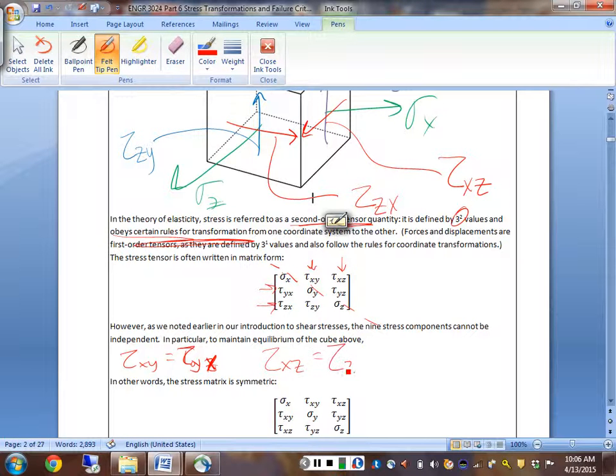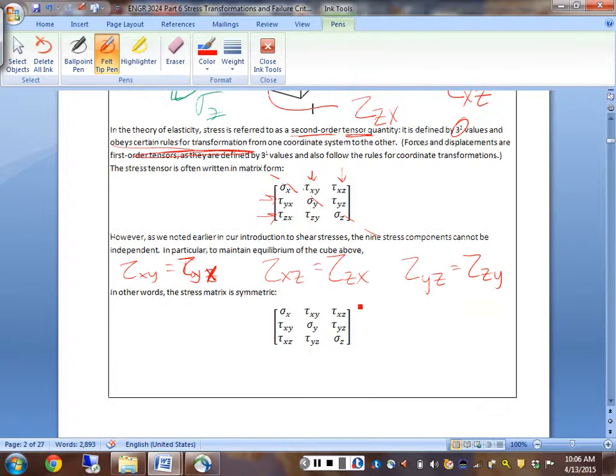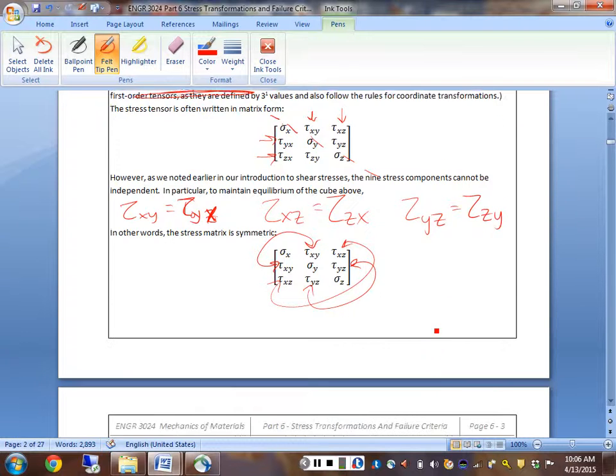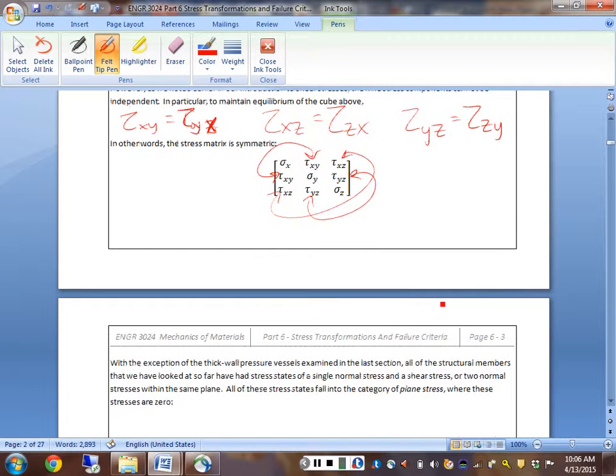Tau xz is equal to tau zx, and tau yz is equal to tau zy. So that simplifies our life, making the subscripts, again, it is now truly a symmetric matrix about that diagonal of normal stresses. So the normal stresses along the diagonal and symmetric along that diagonal. All right.